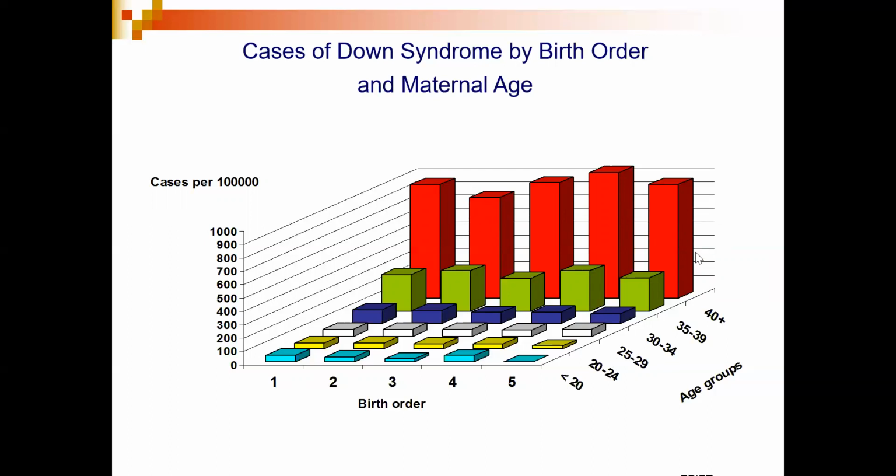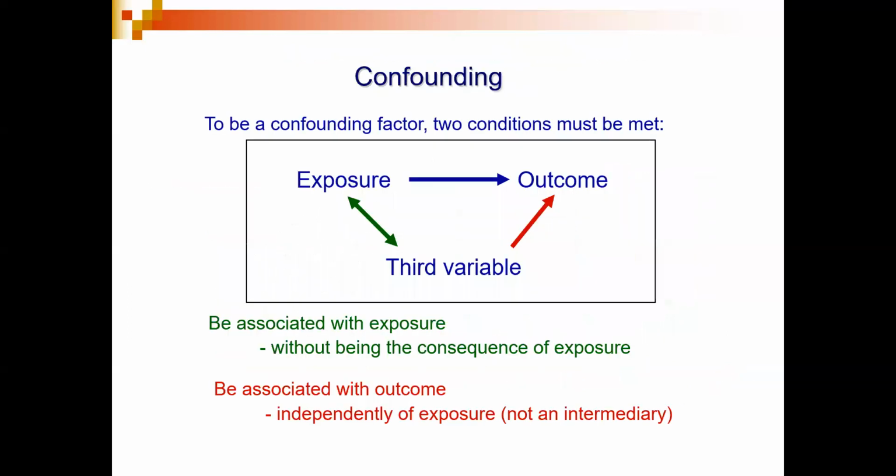But for a young mother, the risk of developing Down syndrome is not high. So birth order is related to age, and is also related to our outcome, which is Down syndrome. In this case, it becomes a confounder.